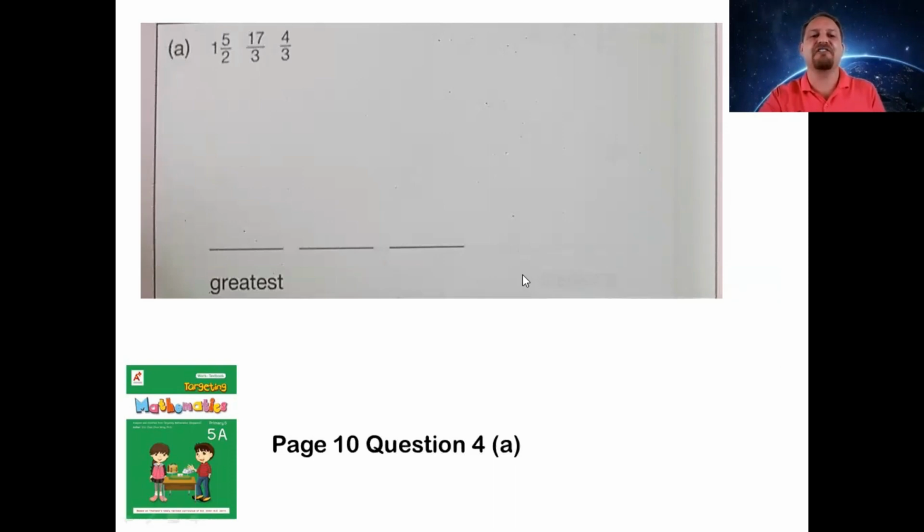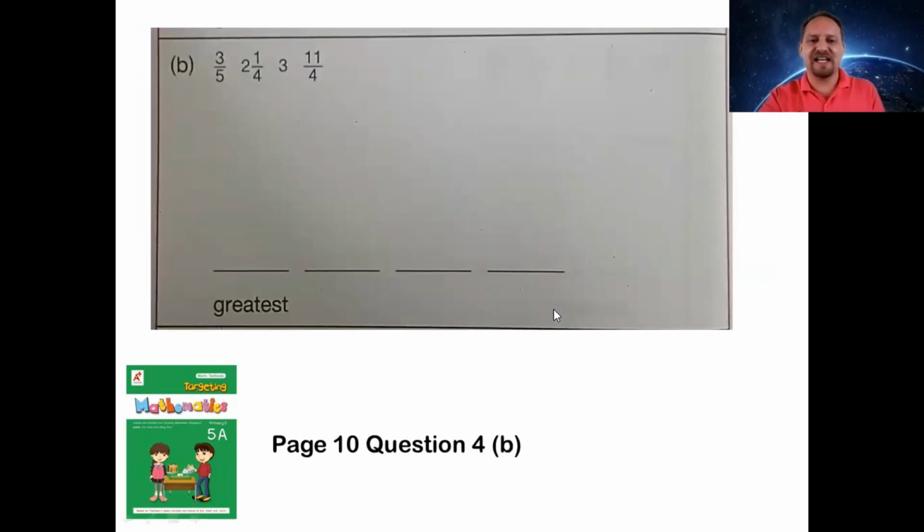Question A, the greatest is 17 over 3, followed by 1 and 5 over 2, and 4 over 3. Question B, our greatest fraction or whole number was 3, followed by 11 over 4, 2 and 1 over 4, and 3 over 5.